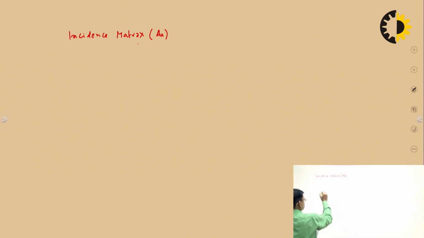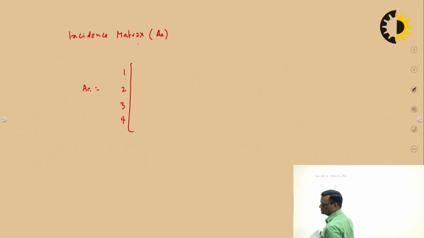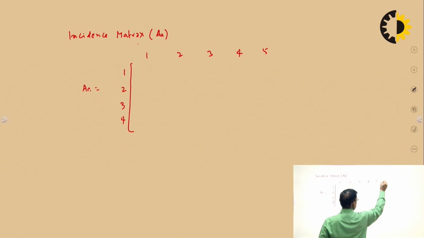Here the number of rows corresponds to the number of nodes, and the branches are 6, so there are 6 columns: 1, 2, 3, 4, 5, 6.